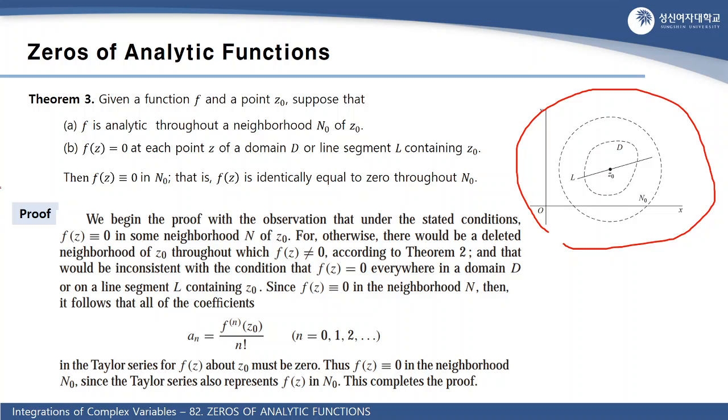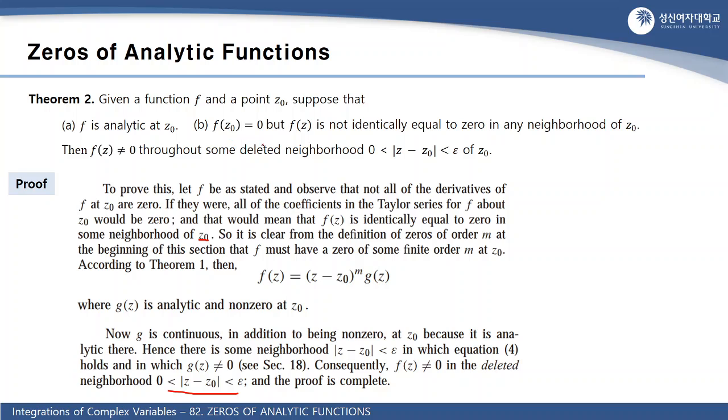Okay, let's prove this theorem. We first observe that under this condition, f(z) is equal to 0 in some neighborhood N of z₀. For otherwise, there would be a deleted neighborhood of z₀ throughout which f(z) is not equal to 0, according to theorem 2.